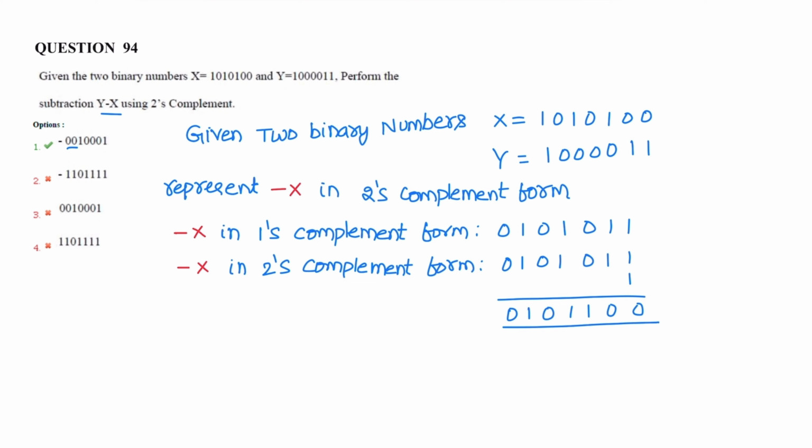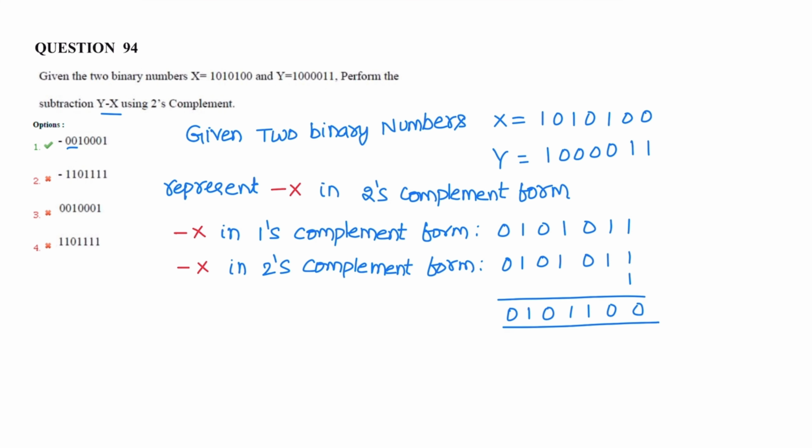So this is x given here. So x in 1's complement form is replace 0 with 1 and 1 with 0. So that is 0 1 0 1 0 1 1. So that is 1's complement of given x. 2's complement: adding plus 1 to the 1's complement will result in 2's complement.